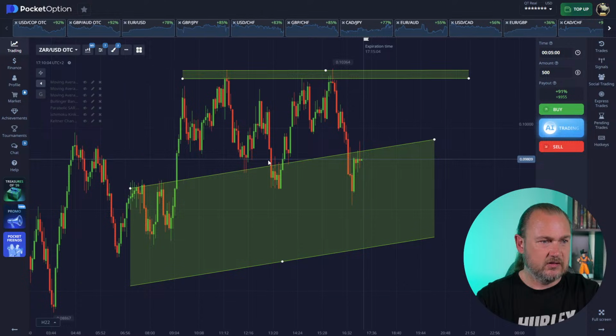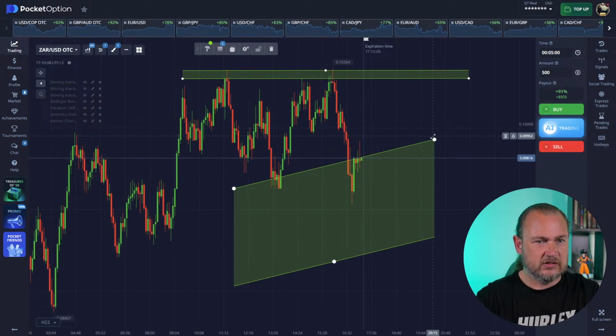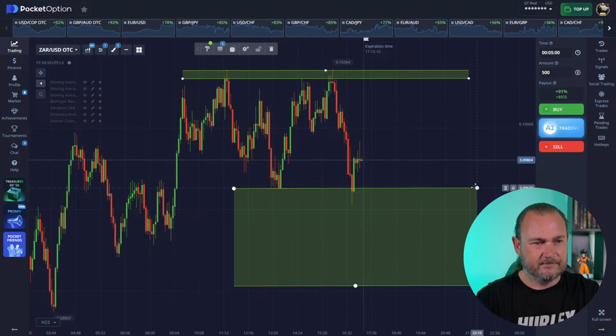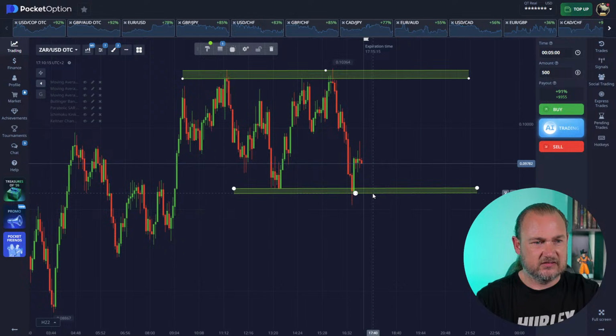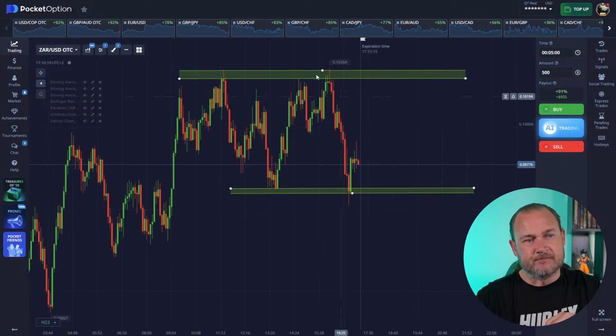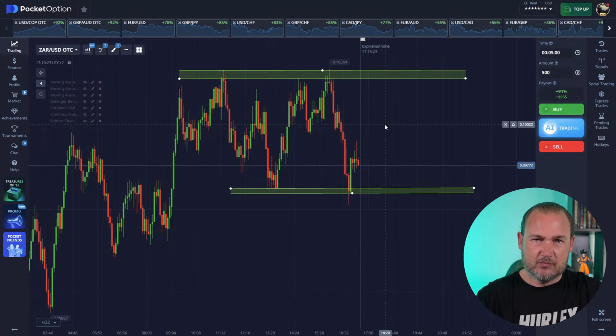And then we have a zone here. Now we can see all of a sudden that this should be more, just draw it a little bit smaller. We can see now that price is moving between these two zones at the moment.